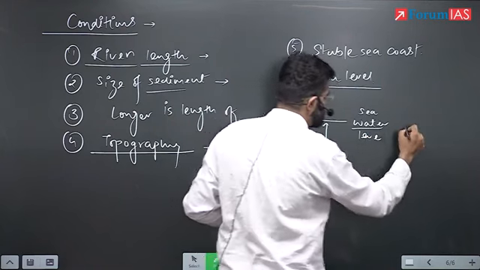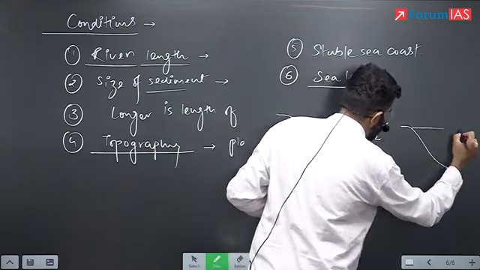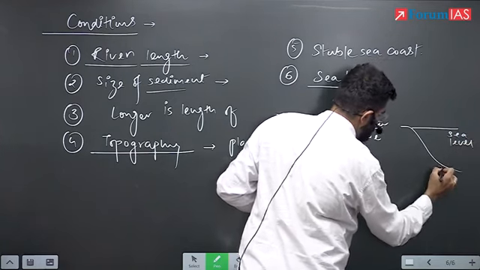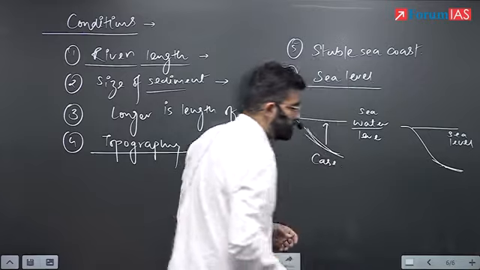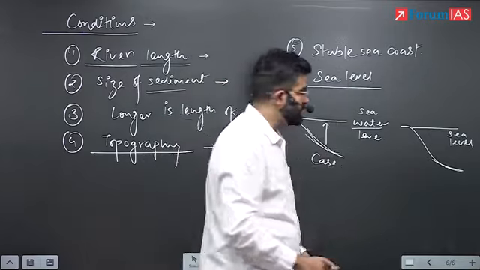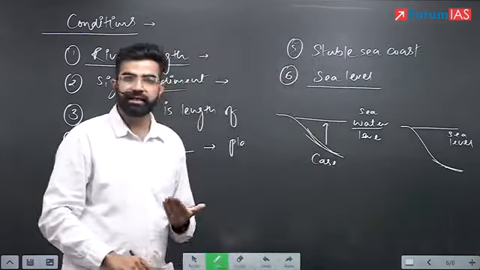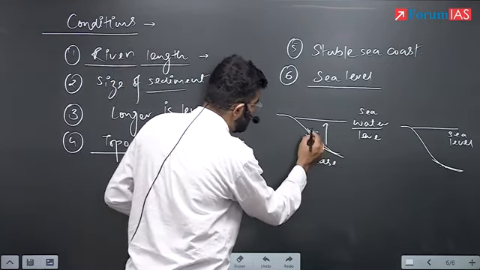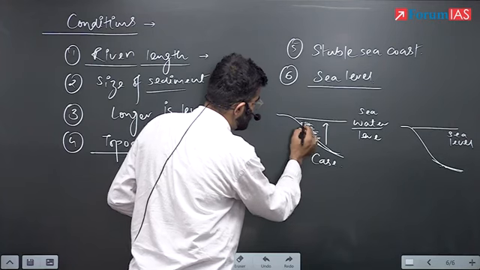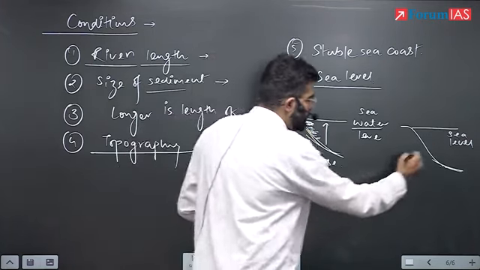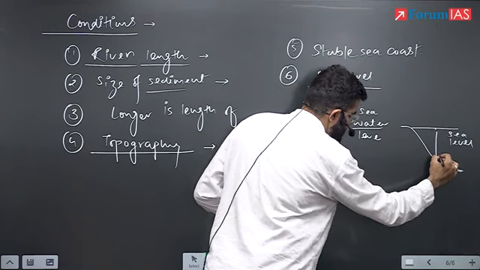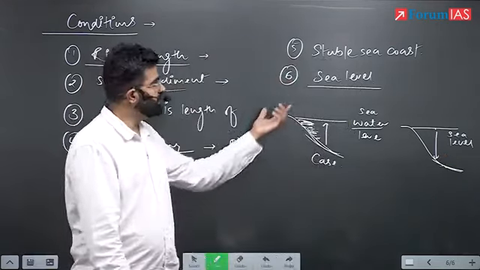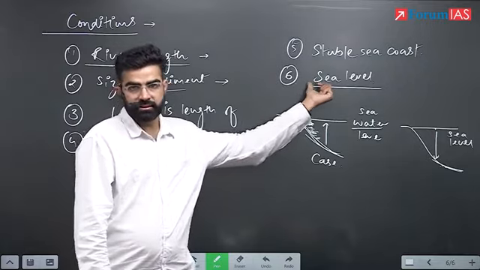The second case is where the sea level is here, and this is the continental shelf area, or the part of continental margin. Now, where is delta formation very easy? The delta formation will be easy here. Why? Because of deposition of the sediments, easily the delta will be formed here. However, because of this deep area, it will take more time for the delta to form. Okay? So we need the lower side of sea level, right?